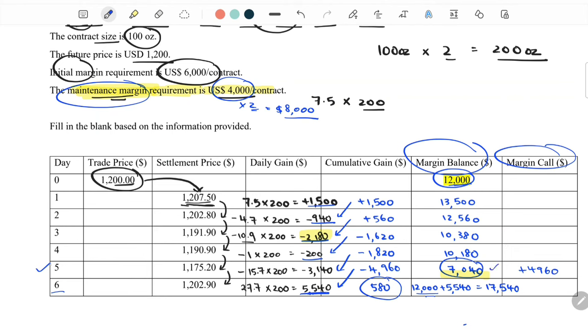Because in day 5 you already received the margin call, and this margin call requires you to bring the margin balance back to 12,000. So at the end of day 5 you have to top up 4,960, and your new margin balance will be 12,000 already. So on day 6 you start with the 12,000 plus the gain here, and you get 17,540. That is the final answer, and this is how we do these questions related to initial margin and maintenance margin. Okay, thank you.